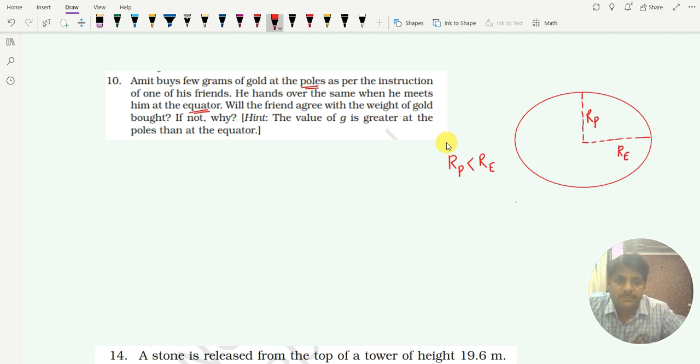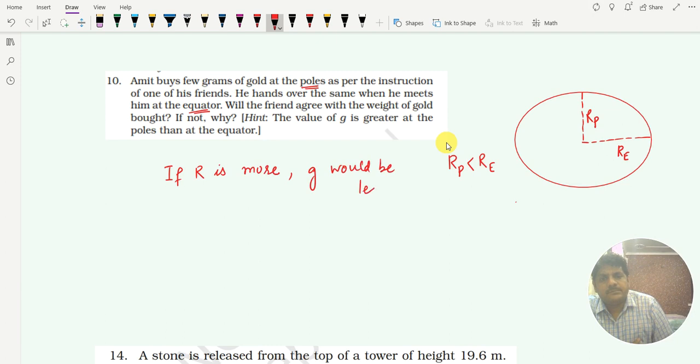We have discussed this concept that if r is more, g would be less. We have learned about the formula. What was the formula? Small g is equal to capital G capital M by r square. So this r is the radius of earth, M is the mass of earth.